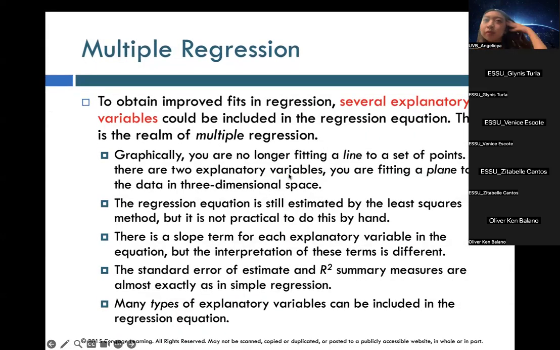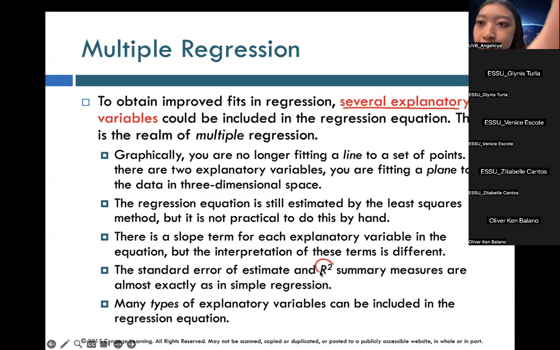How about multiple regression? While in a single regression we only have one explanatory variable, in this case we have several explanatory variables, more than one. Graphically, you need to create more than one scatter plot, but in a regression model you only do one mathematical analysis.